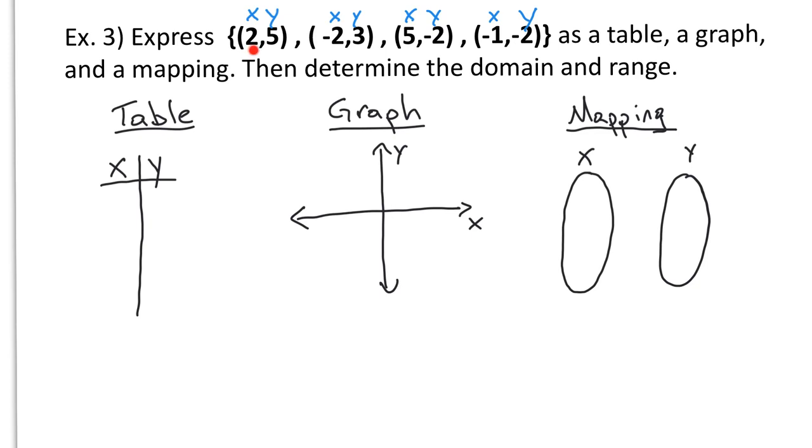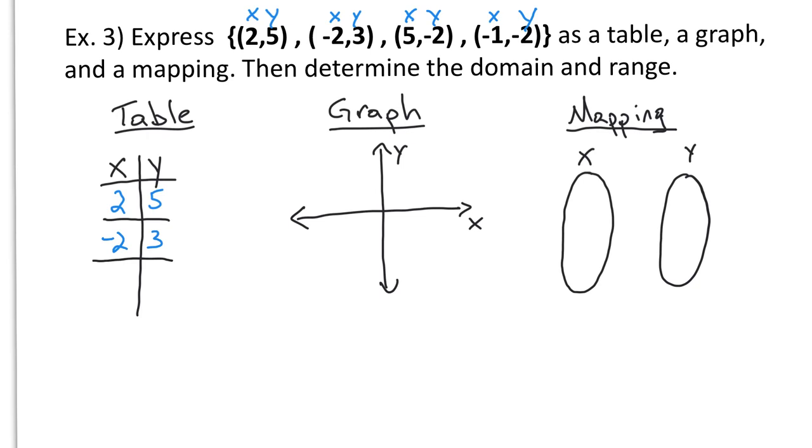So here the X is 2 and the Y is 5. So I'm just going to put the 2 in the X and the 5 in the Y. And I'm going to put a line here so I can separate the next ordered pair. The next point is negative 2 and 3, so I'm going to put a negative 2 here and a 3 for the Y. So notice I'm just organizing the T table, or the table, with the X values in one column and the Y values in the next one.